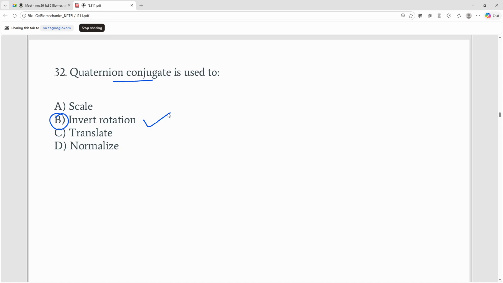So we have seen that a quaternion is q = a + bi + cj + dk.